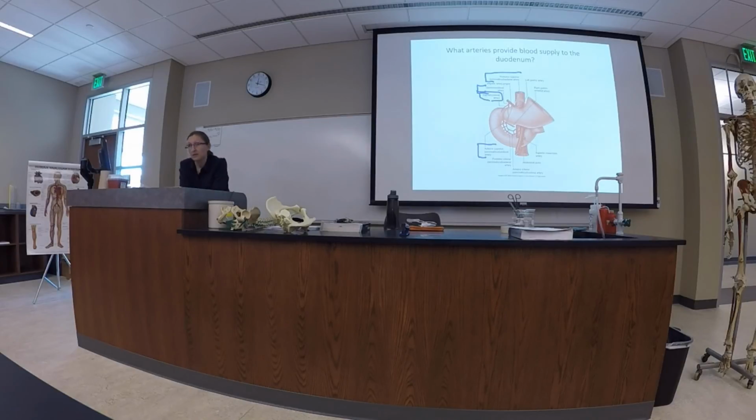Okay. Then, from the underside, we have branches of the superior mesenteric artery, which are the posterior and anterior inferior pancreatico-duodenal arteries here. So these are branches off of the superior mesenteric artery.